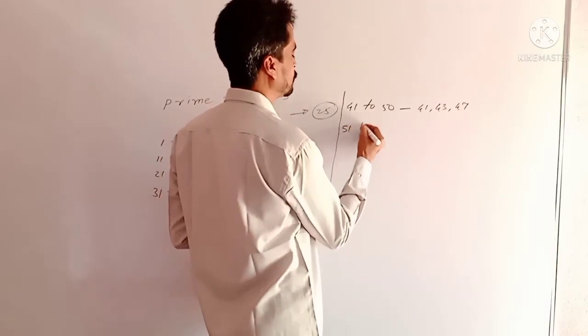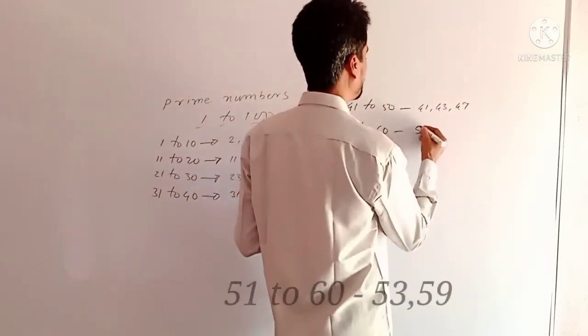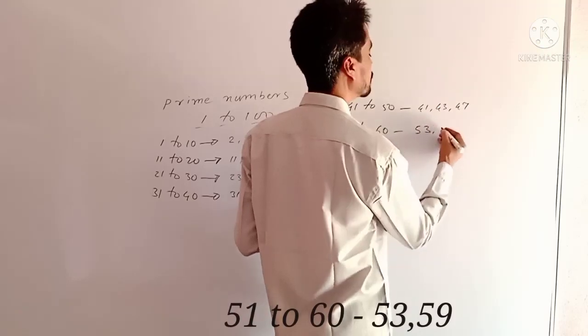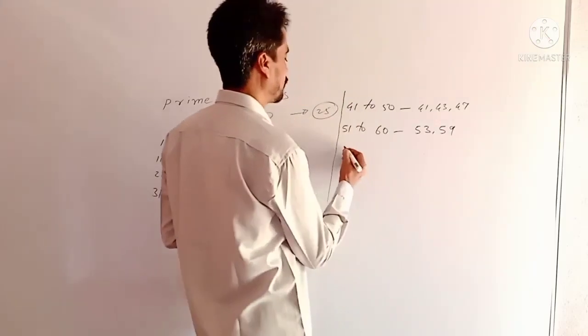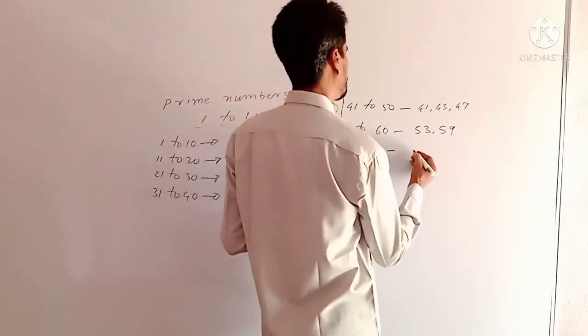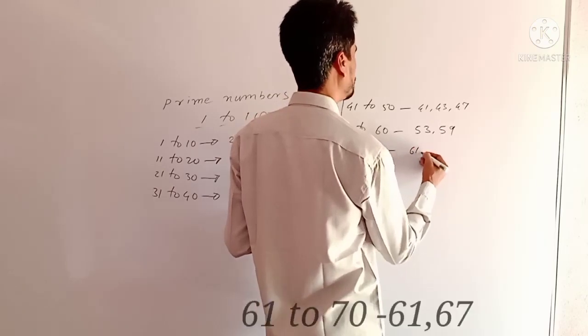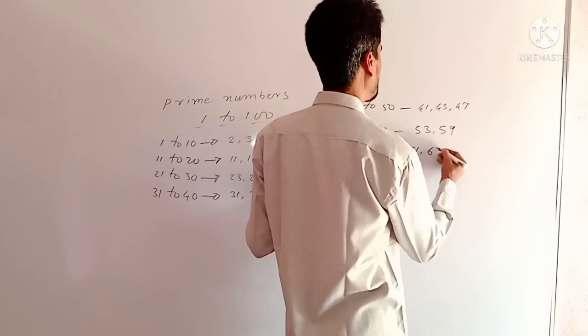From 51 to 60, the prime numbers are 53 and 59. From 61 to 70, 61, 67.